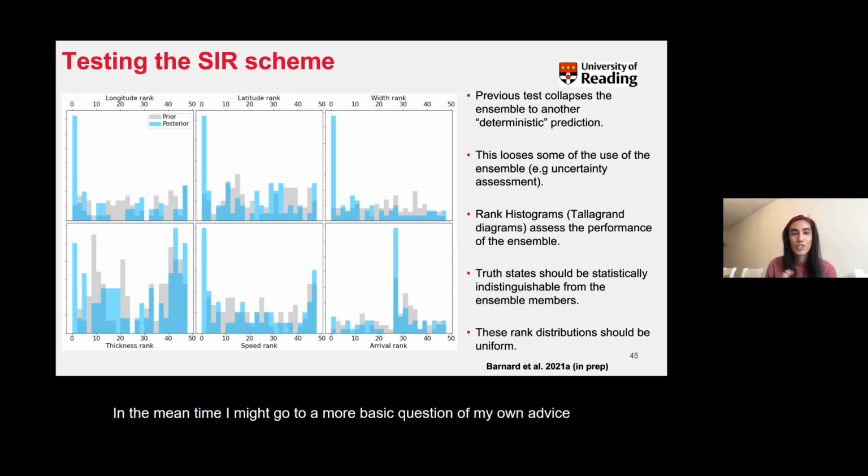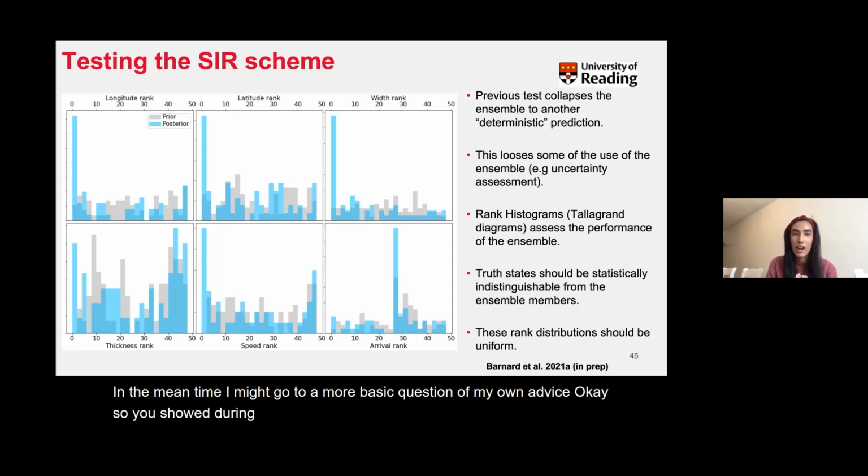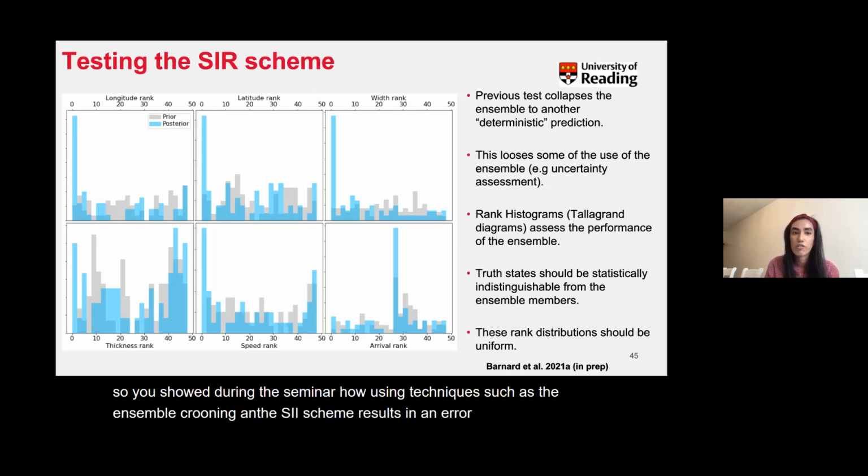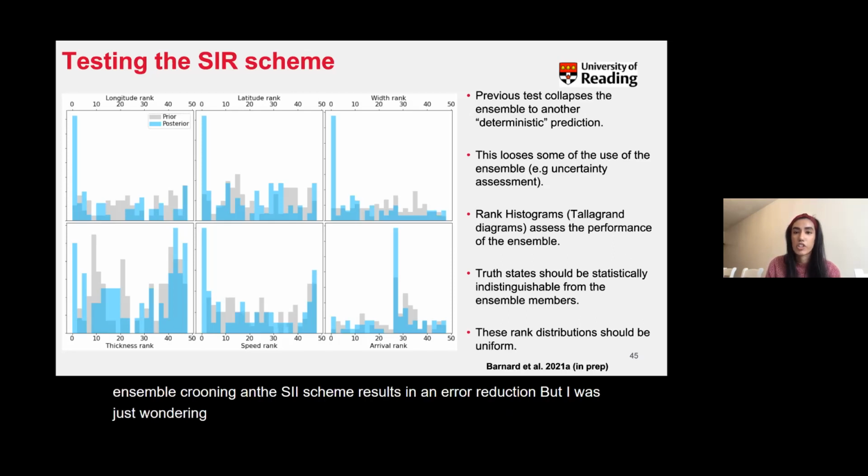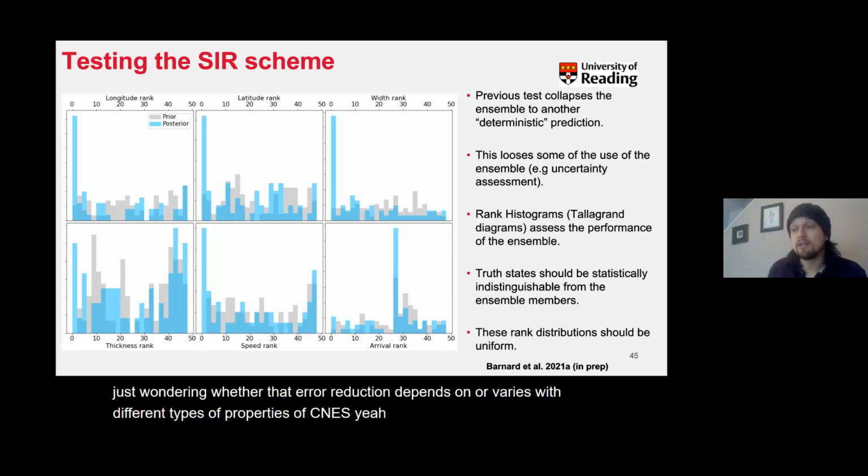So you showed during the seminar how using techniques such as the ensemble, pruning, and the SIR scheme results in an error reduction. But I was just wondering whether that error reduction depends on or varies with different types or properties of CMEs. Yeah, I think you're exactly right, Jasmine.